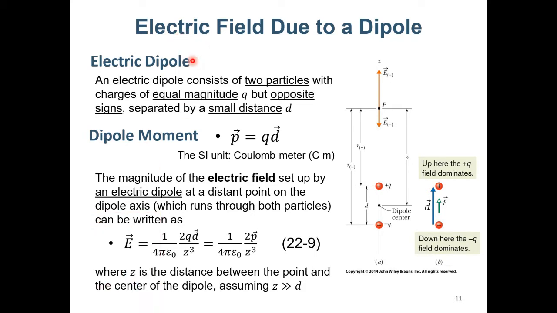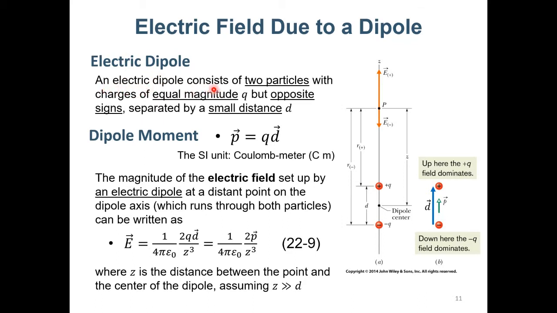So the next one is called the electric field due to a dipole. So now we define what is an electric dipole. The mathematical definition is P vector equals Q times the d vector, the distance vector. What forms the electric dipole?